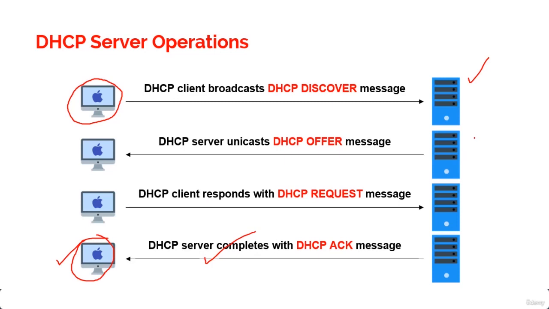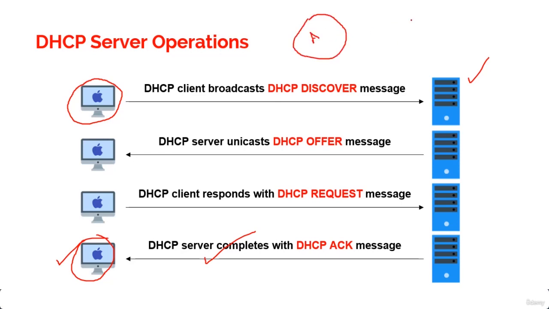Now, the next step is the DHCP server replies with the DHCP offer message, saying that, hey, this is the IP address or the pool of IP addresses which I'm giving you. So if you're okay with it, simply let me know. Now your host will respond: the DHCP client responds with a DHCP request message.